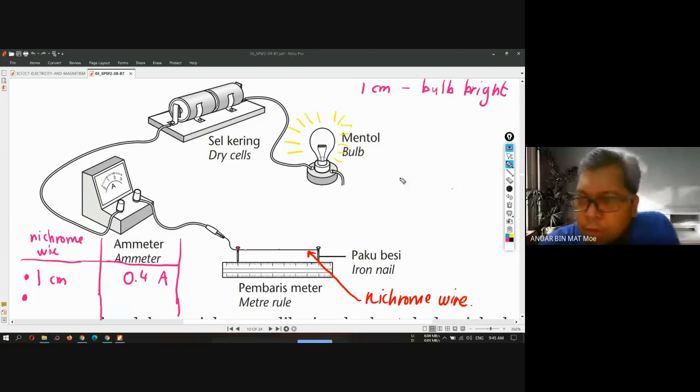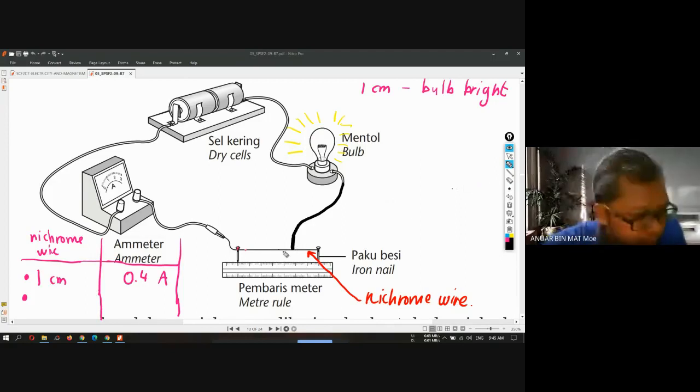So the second step is, what happened? I move the connecting wire from here to here. Can you understand this? And then the length over here, from 1 centimeter, will become about 4 centimeter.